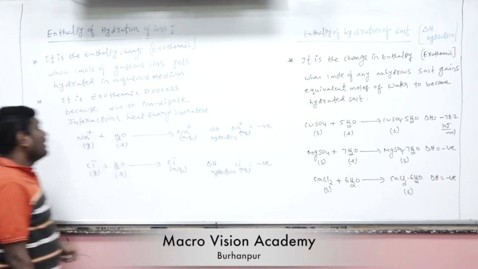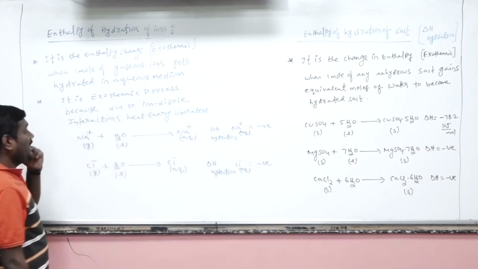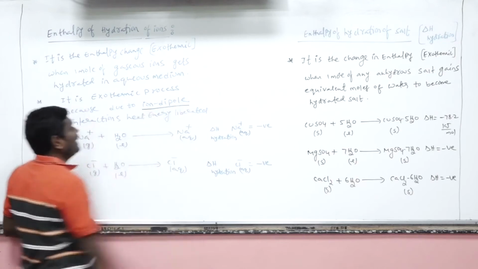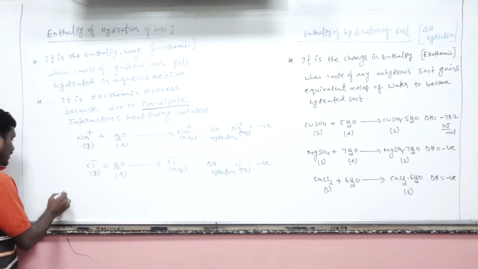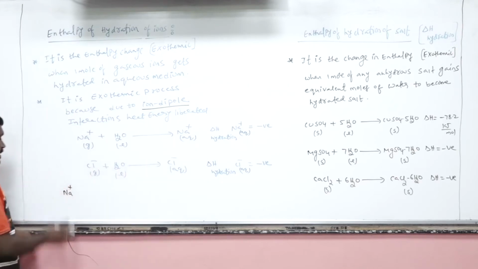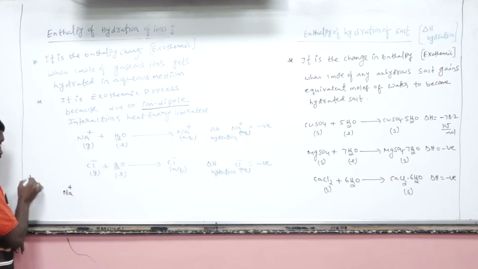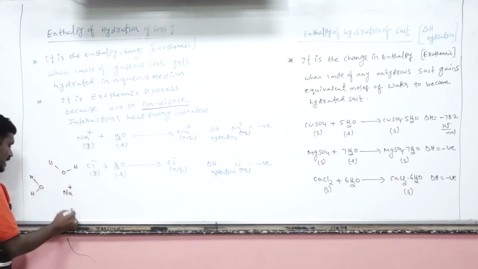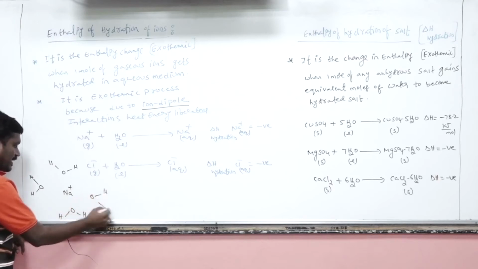Now here it is exothermic. Here heat energy is released. Why is heat energy released? The reason is ion dipole interaction. Let's suppose a Na positive ion gets hydrated by the solvent water in aqueous medium. Now water is polar, where oxygen has a partial negative charge and hydrogen has a partial positive charge due to the electronegativity difference.